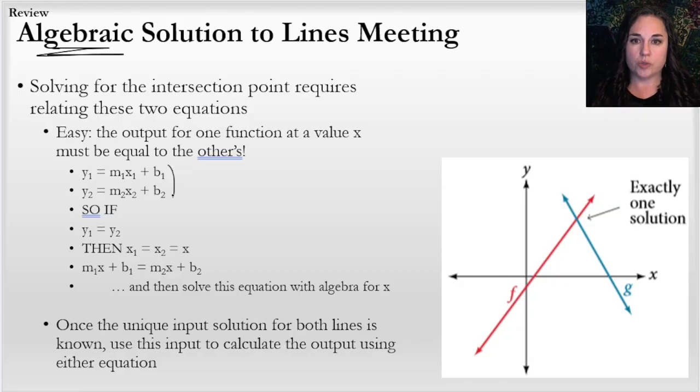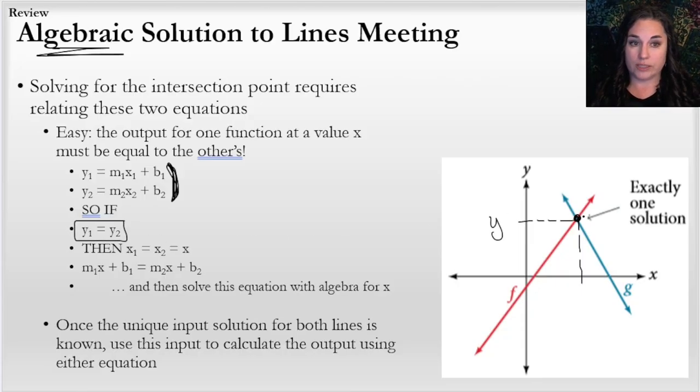And what we're going to do is take the equations of those two lines in the slope-intercept form. And if they are crossing through the same point at the same x, then they will result in the same y. So we're going to set those two y values equal to each other. Right?